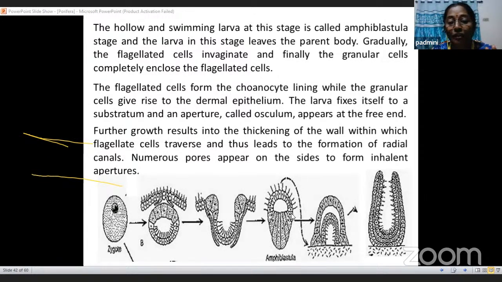They have put it upside down. The flagellated end is going to get attached to the substratum. Once it attaches to the substratum, invagination occurs. If this is a stick-like structure, they are going to invaginate and become like this.